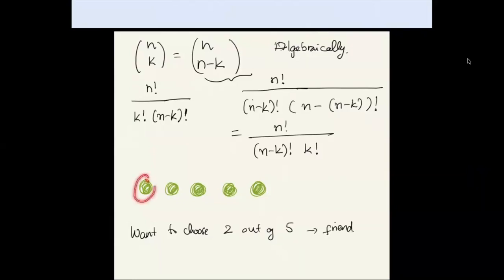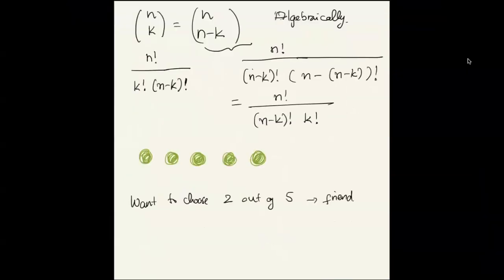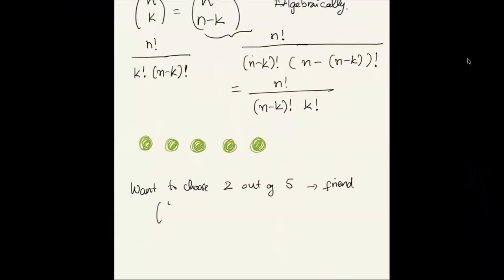Then I can choose this ball and this ball to give to my friend, or I can choose this one and this one. So in general, we say that we have 5 choose 2 ways to choose 2 out of 5. However, choosing 2 balls out of 5 to give to your friend is the same process as choosing 3 balls to not give to your friend. So those 2 actions are equivalent.